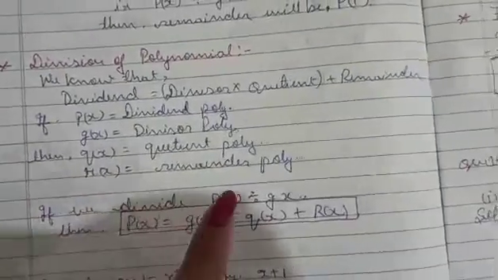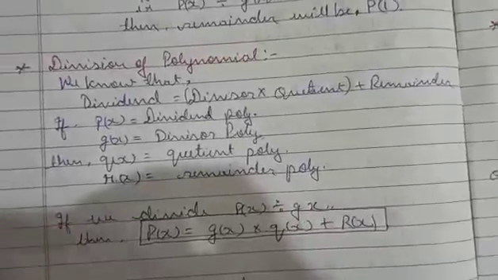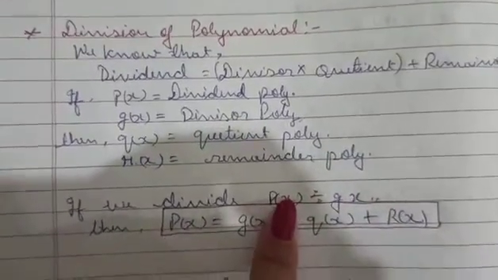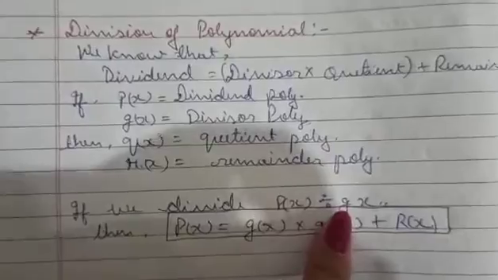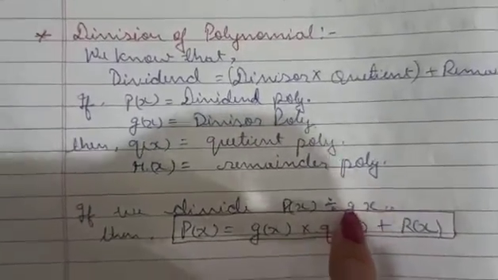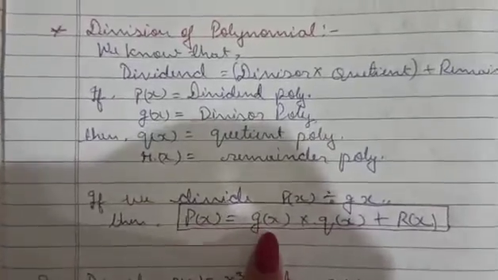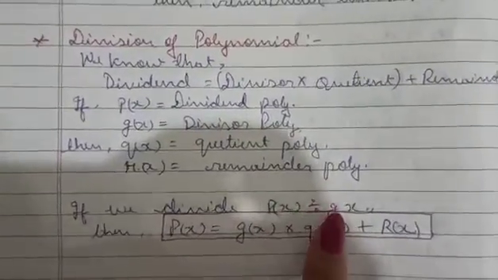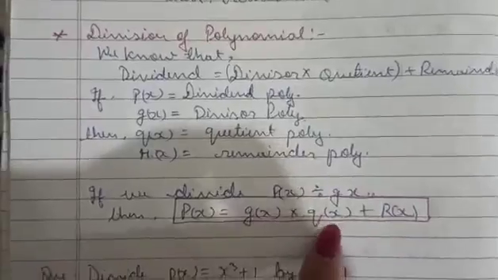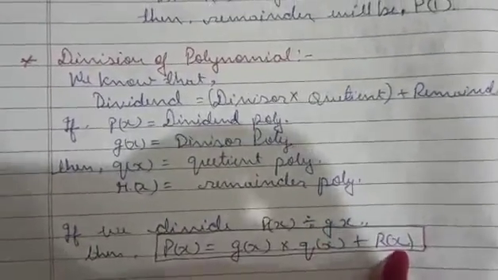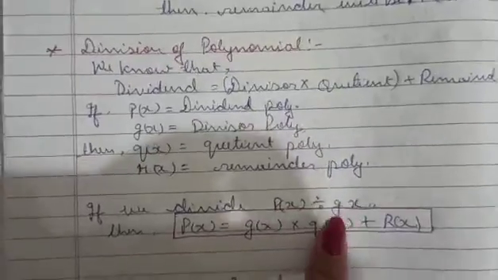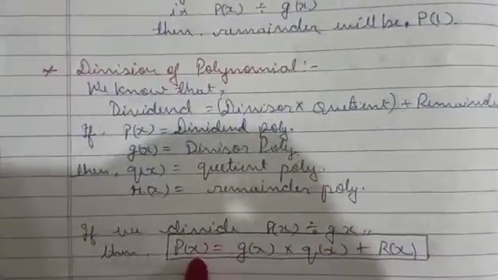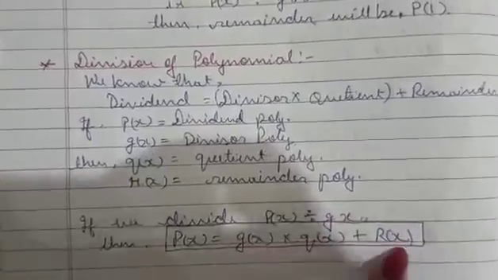Now in terms of polynomials, we will assume p(x) is the dividend polynomial, g(x) is the divisor polynomial, q(x), which we get after the division, is the quotient polynomial, and r(x) is the remainder polynomial. If we divide polynomial p(x) by g(x), then p(x) is the dividend and g(x) is the divisor. So p(x) = g(x) × q(x) + r(x).